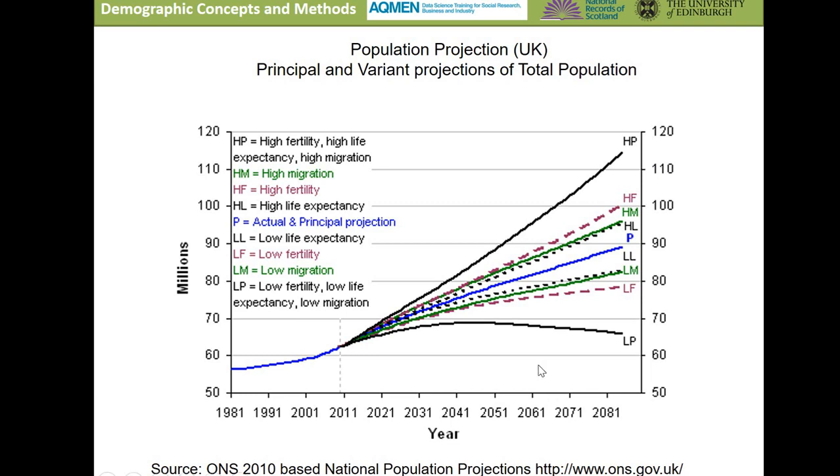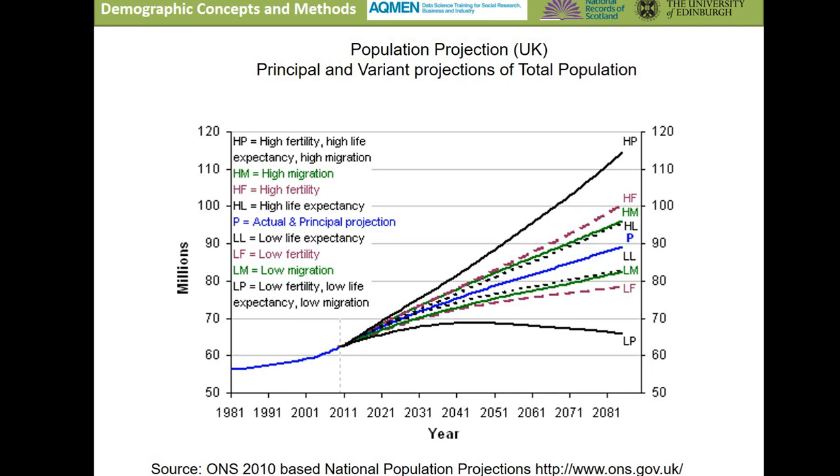Whereas the LP projection is showing a set of assumptions that predict low fertility, low life expectancy and low migration. And under this projection, we see very little increase in the population of the UK, so remaining just under 70 million between 2011 and 2081.